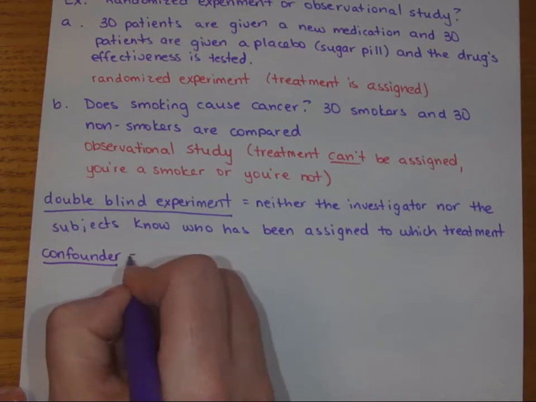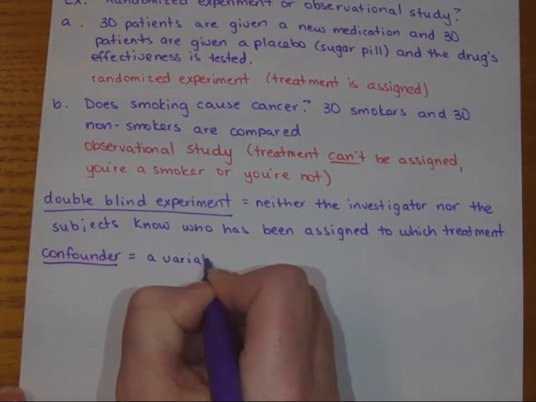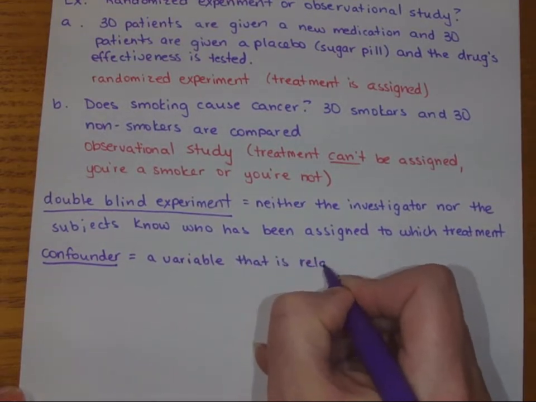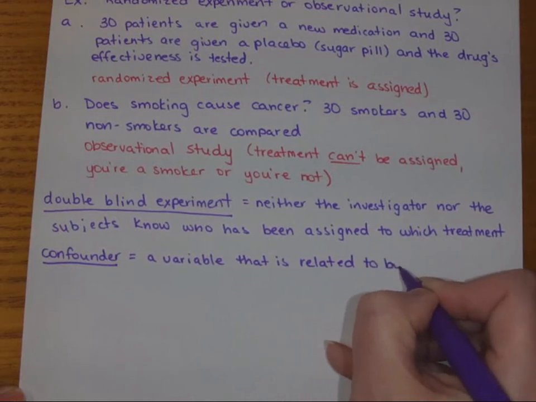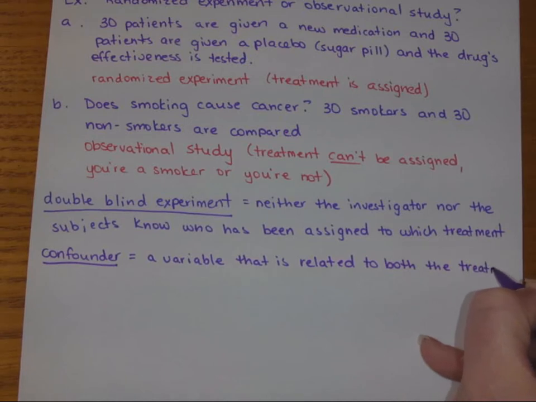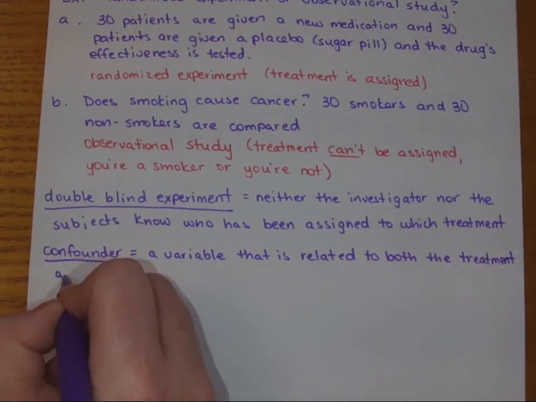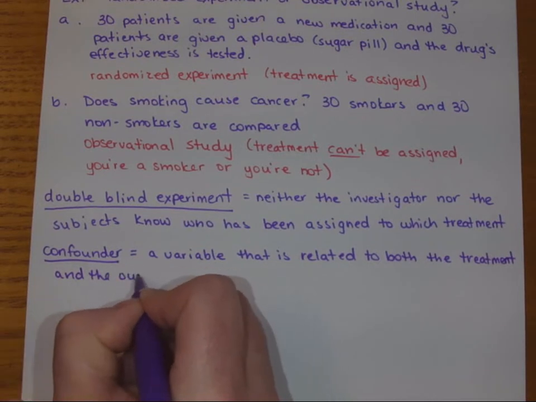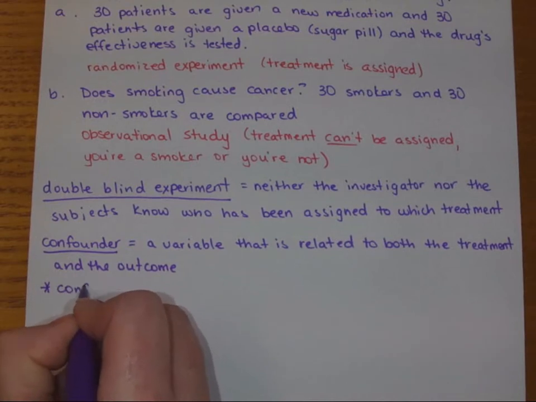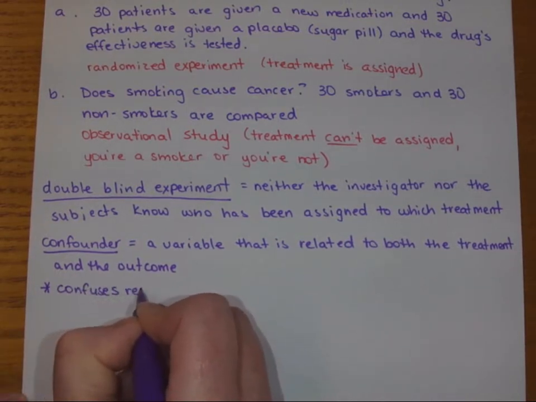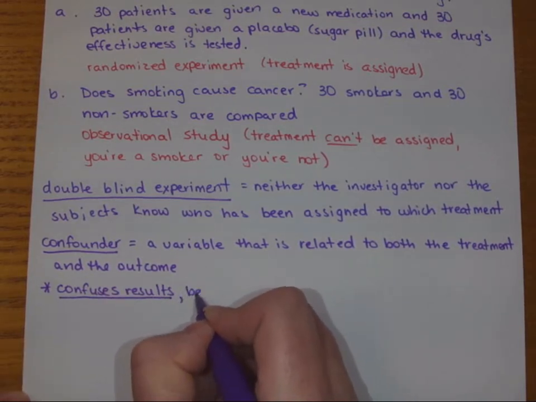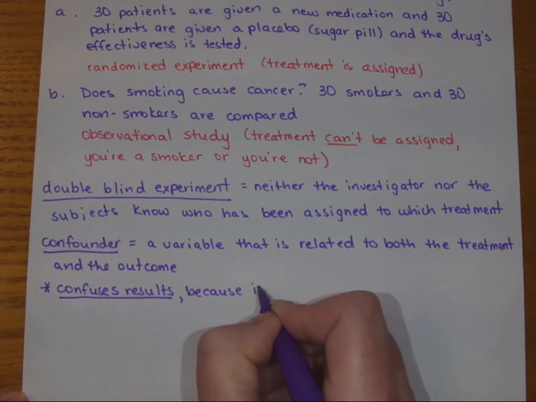So a confounder is something that you always need to be aware of in an experiment. So this is a variable that is maybe unexpected and somehow related both to the treatment and the outcome. The important thing that I want you to know about a confounder is that it confuses results. Because basically there's something else going on that the investigator's not seeing.